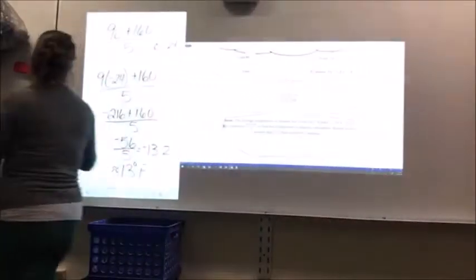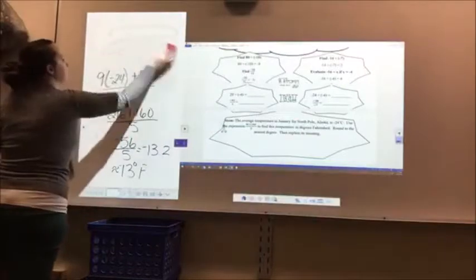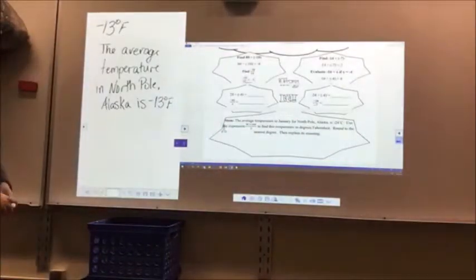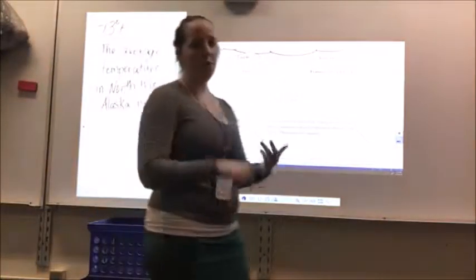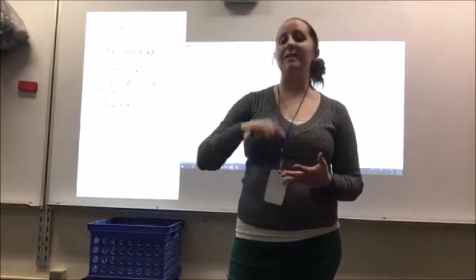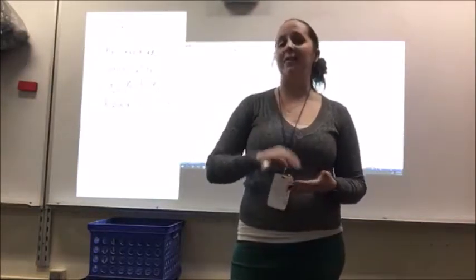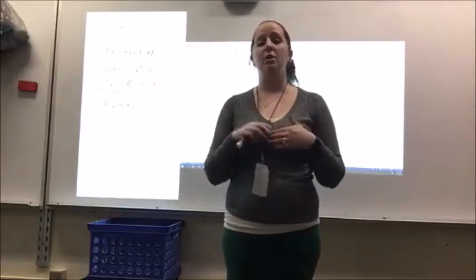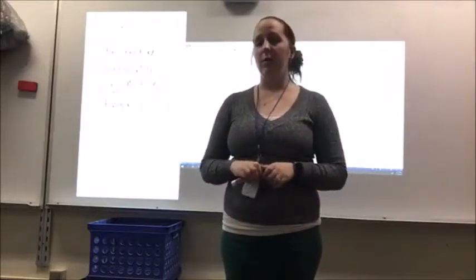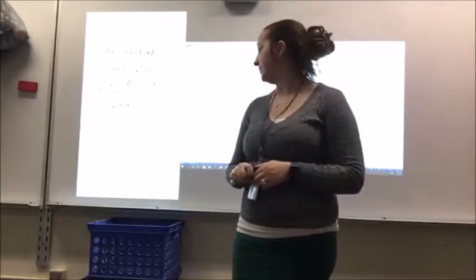So the average temperature in North Pole, Alaska is negative 13 degrees Fahrenheit. That's what it means. Okay, so I wrote it down, I explained my reasoning, I explained what it meant, and I found my answer. Okay, make sure you follow all the steps in the problem. You don't just do one and be done. Okay, you lose points that way.